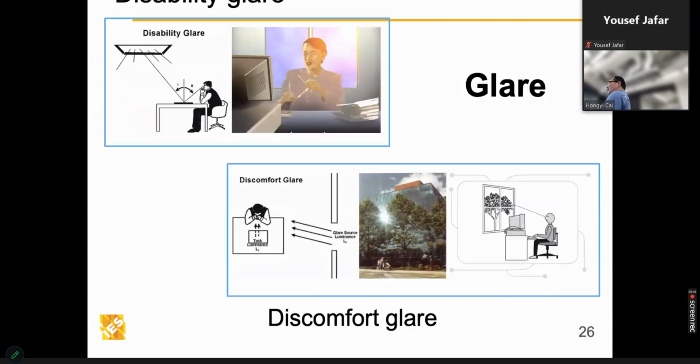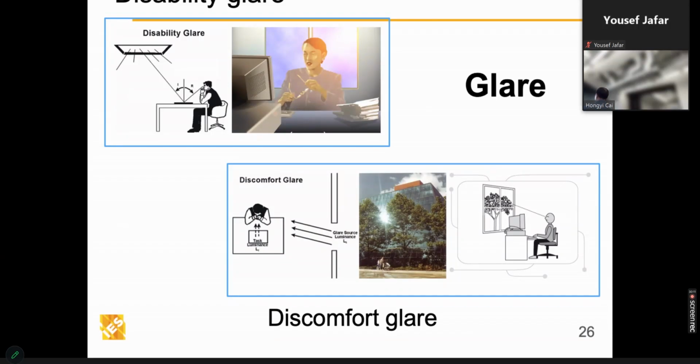Okay, glare. We talked about glare in the last class many times. For daylight situations, we actually have a very common problem of disability glare, which is different from electric lighting, because in electric lighting it is very rare. Why?